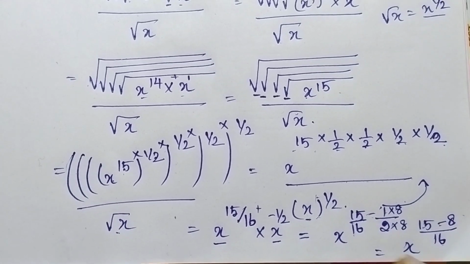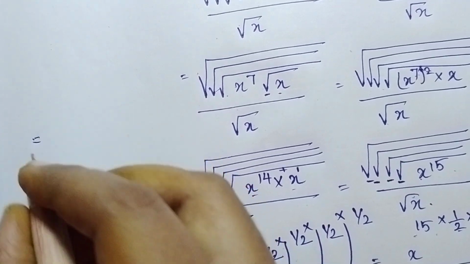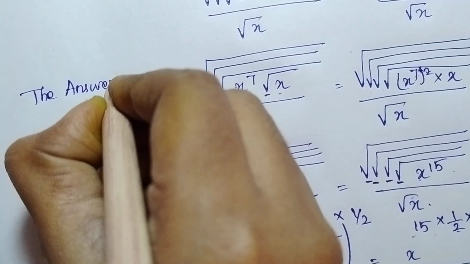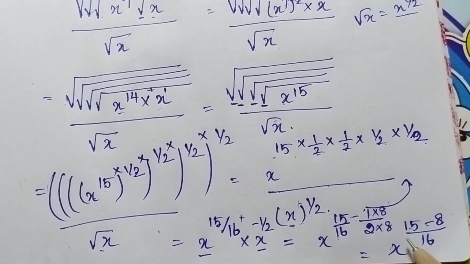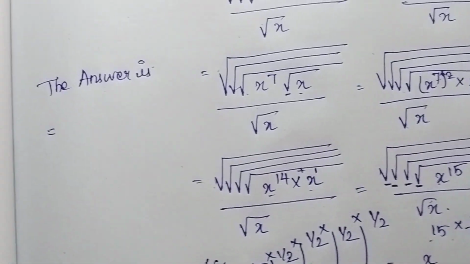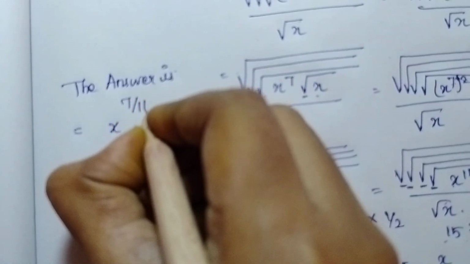Therefore, the answer for this question is x power 15 minus 8, which is 7, by 16. So x power 7 by 16.